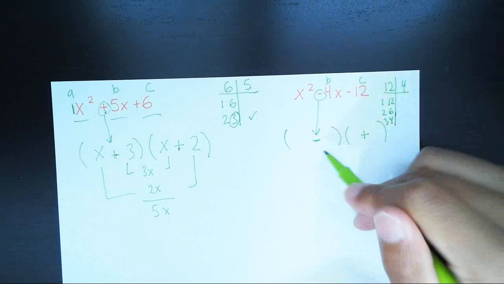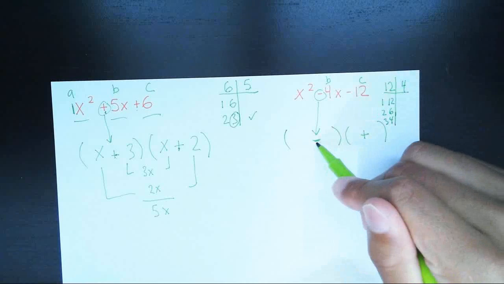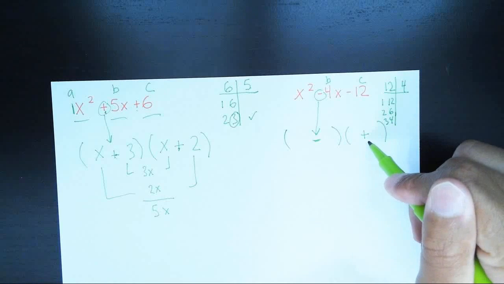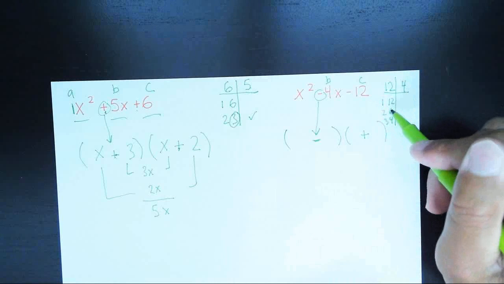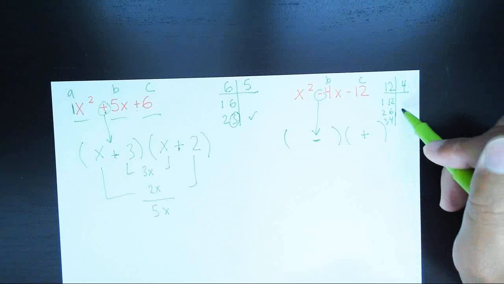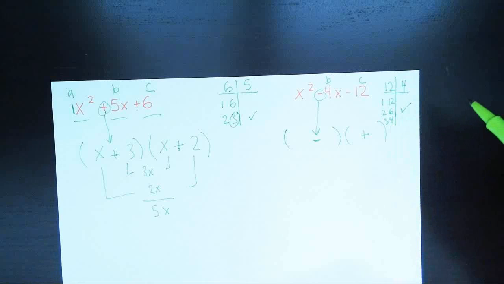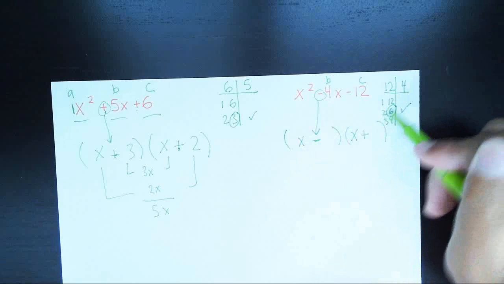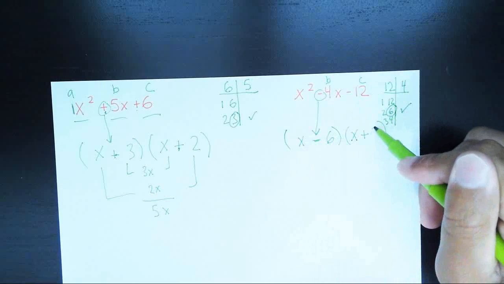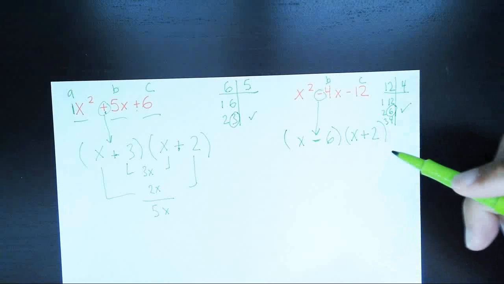Now, when the signs are opposite, a negative and a positive, that means they have to subtract to give you your b. So which of these factors subtract to give you 4? 2 and 6. So remember, split the x's, x and x. Bigger number is 6, put it in your first parentheses. Smaller number is 2. Perfect, and you know you factored this correctly.